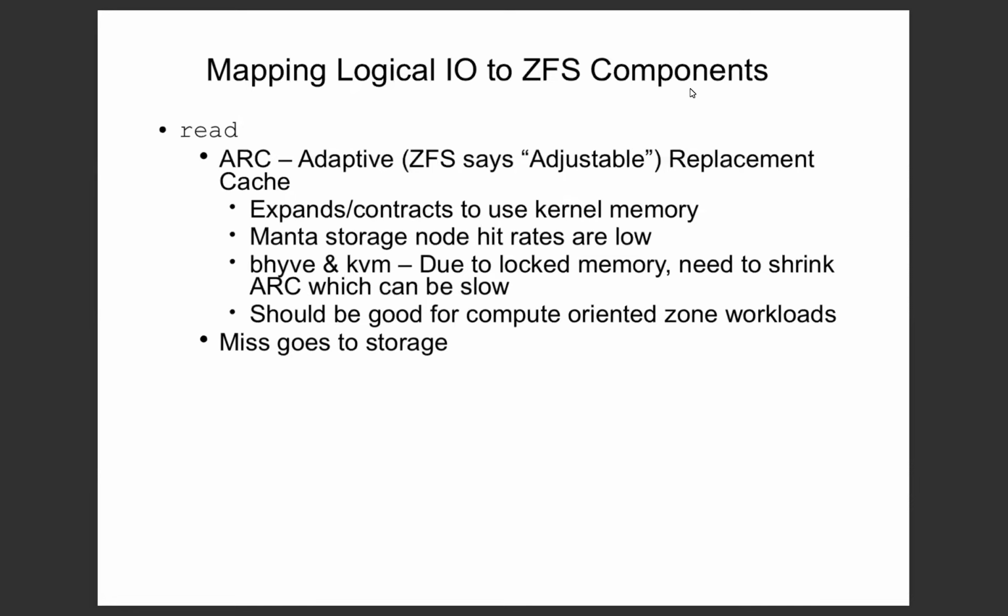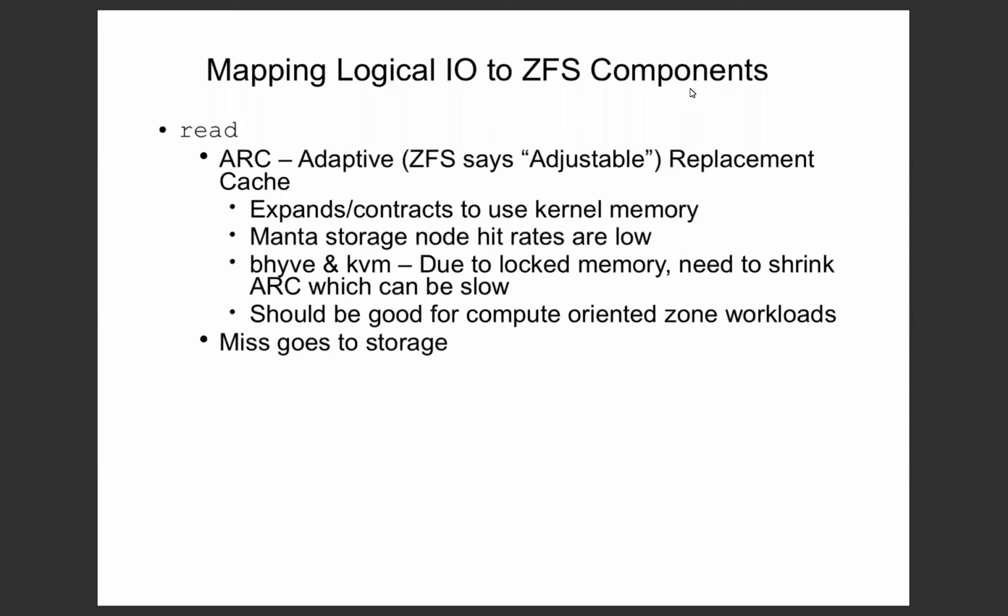There are several key things about the ARC that we want to be aware of. It basically expands to use as much of the kernel memory as it can. So what you'll see a lot of times on a system, if you were to look at kernel memory consumption, is a big pool of memory in the kernel being used by ZFS, and most of that's being used for the ARC.